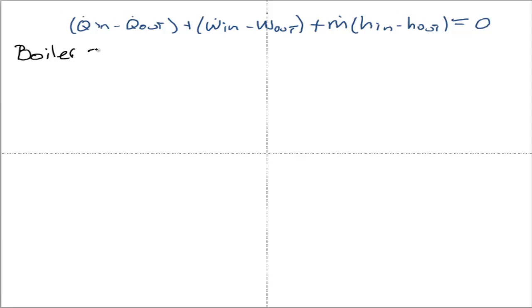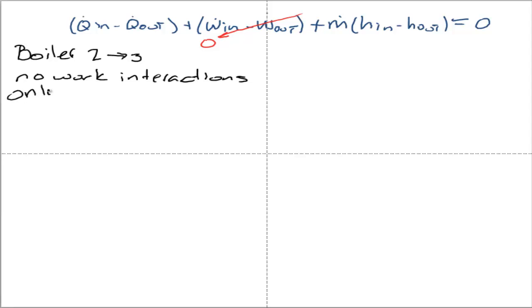Now for the boiler, we start again with the same equation, and we have process 2 to 3. We don't have any work interaction. In the boiler we only add heat, so we cancel the heat out term. Since the heat that we are adding goes into the system, we cancel any heat out.